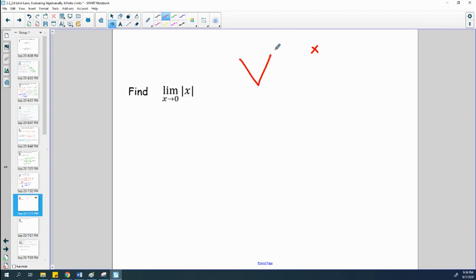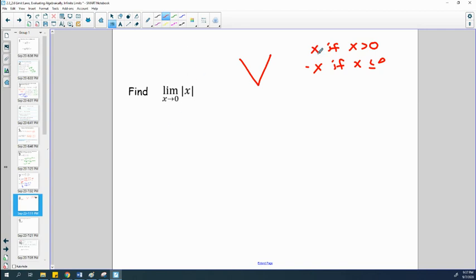So if I look at the positive side, this would be x if x is greater than 0. And on the other side, it's a negative slope, so that would be negative x if x is less than or equal to 0.